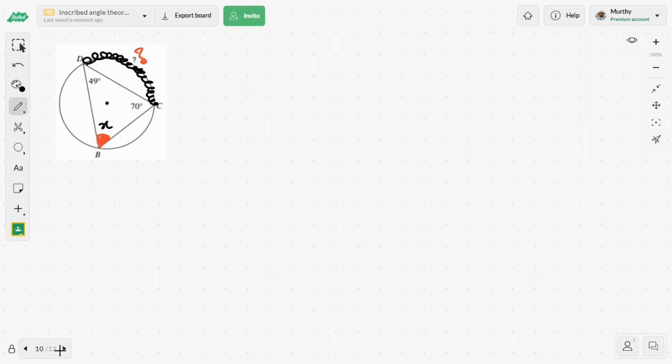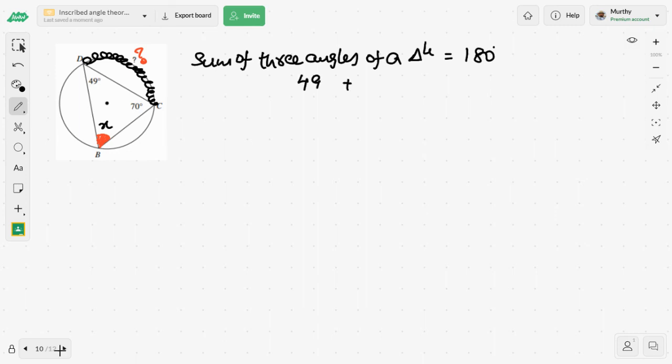Let me start writing: the sum of three angles of a triangle gives me 180 degrees. So it is 49 plus 70 degrees plus x equals 180. 49 and 70 is 119 degrees.